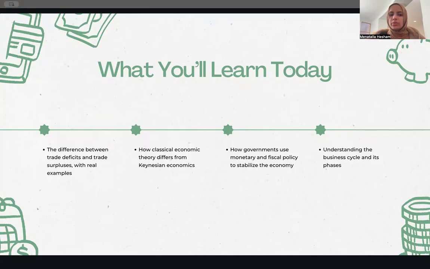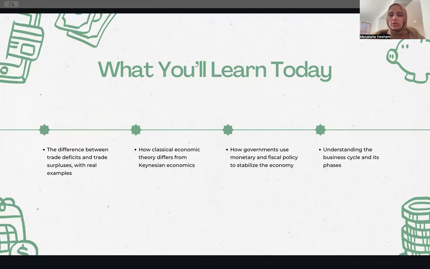So here is what we will cover today. First, we will discuss trade deficits and trade surpluses, including realistic examples. Then we will look at the economic thinking before the 1930s and how Keynesian economics changed the approach to government intervention.